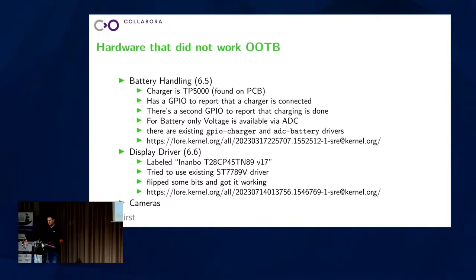It just needs a GPIO to tell, well, there's a charger connected, and to tell I'm done with charging, and that's it. We do have an upstream driver for that, but some modifications were required because it was not as generic as it should be. So that's fixed now. Everything for that landed in 6.5.